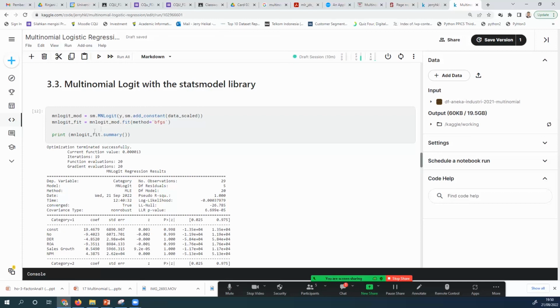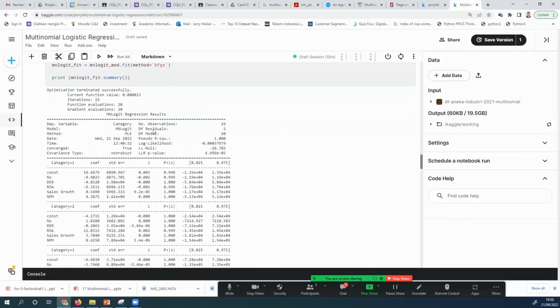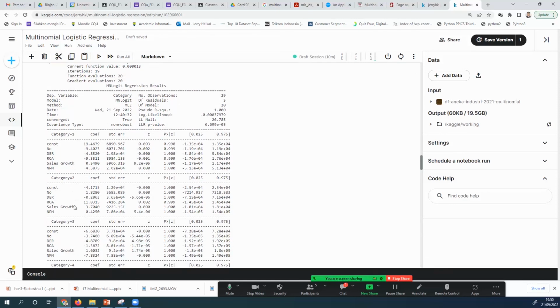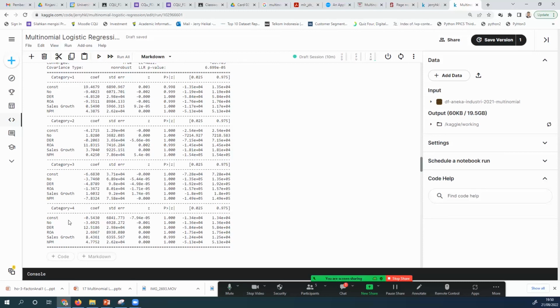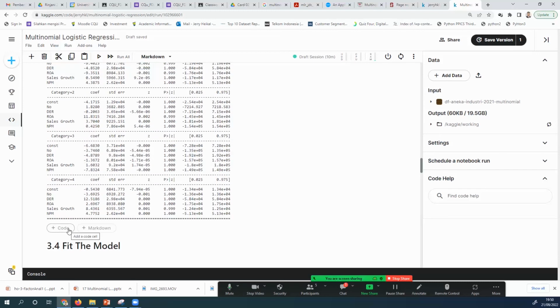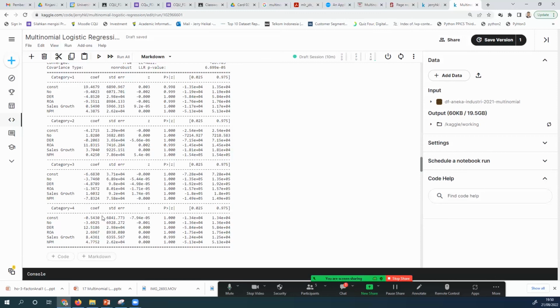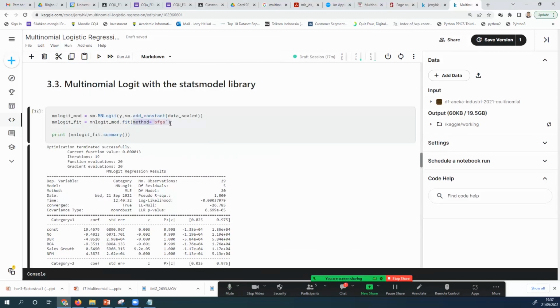Print the fit summary. So this is the result of the multinomial logistic regression. We see category 1, 2, 3, 4, and 5 is the reference. Category 5 is the reference. So from here, we can develop the model.